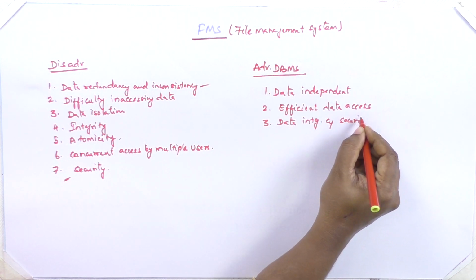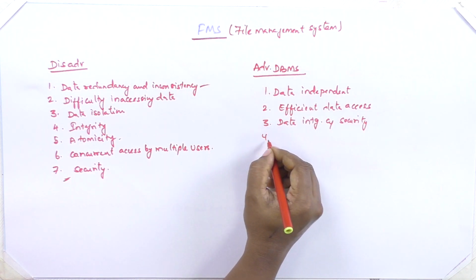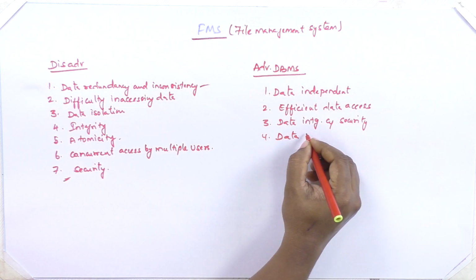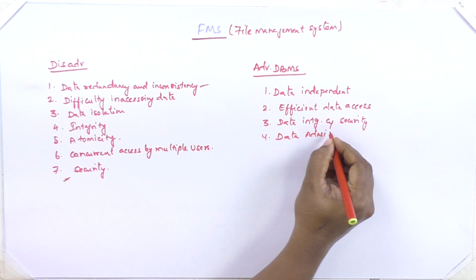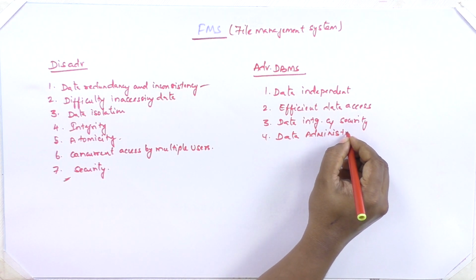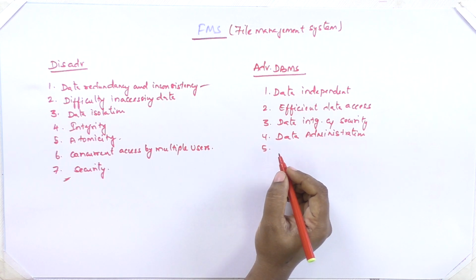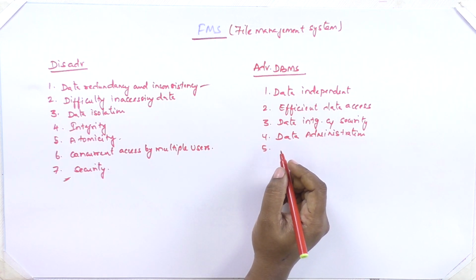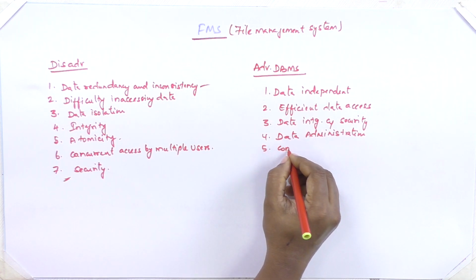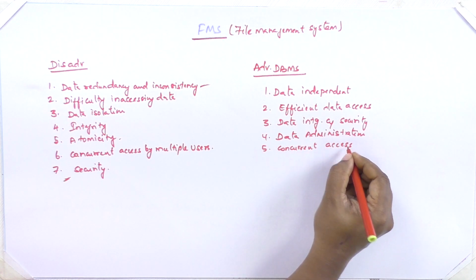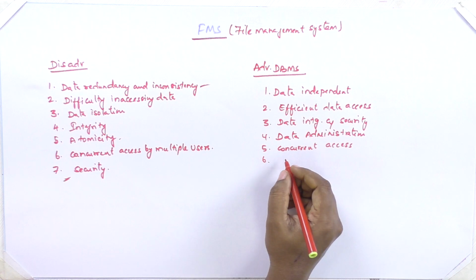We have more secure data in a database management system, as we can give permission to everybody to view, but not to modify, add or delete any content. And concurrent access: if more than one user wants to access it, they can access it.